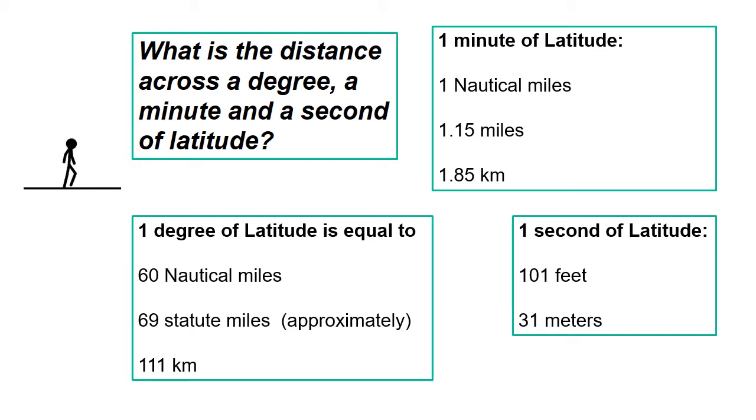You have degrees divided into 60 parts, and every minute is divided into 60 parts called seconds. Now the distance across a second of latitude is 101 feet, or 31 meters. So that much more precisely gives your position of latitude.